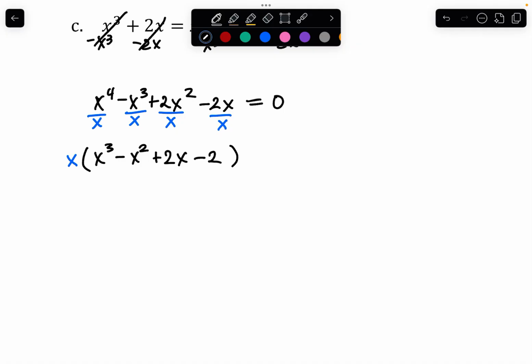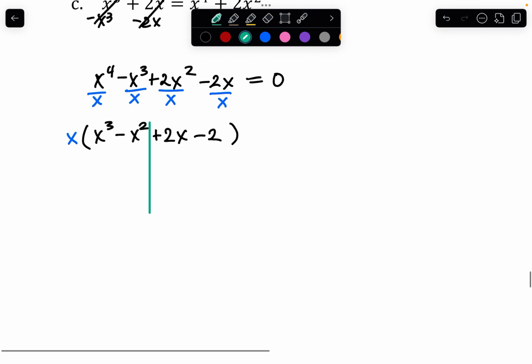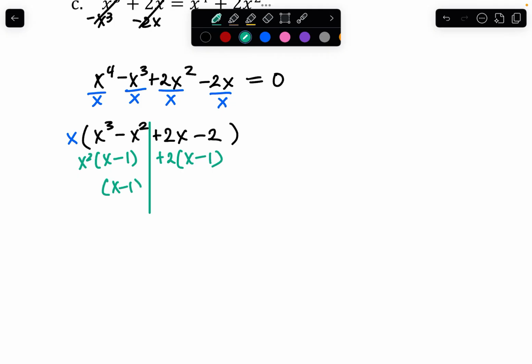And then now I am seeing 4 terms, which signifies we should try to factor by grouping. So out of the first pair, I can factor out an x squared, leaving x minus 1. Out of the second pair, I can factor out a 2, leaving an x minus 1. So x minus 1 is one of my factors, x squared plus 2 is the other. Don't forget this GCF that we had.